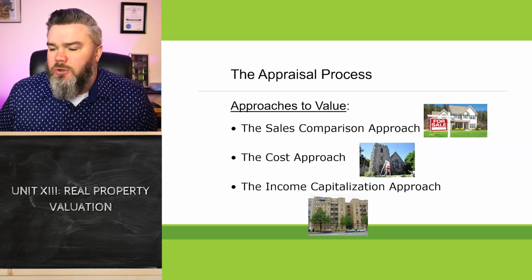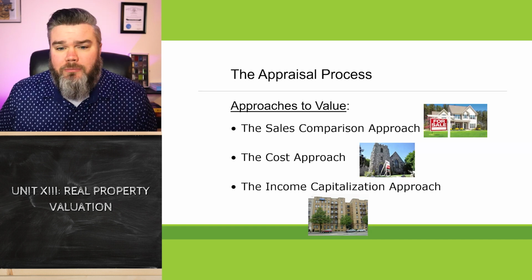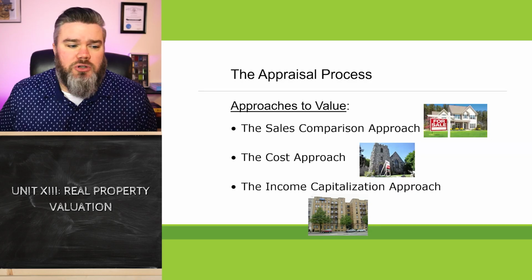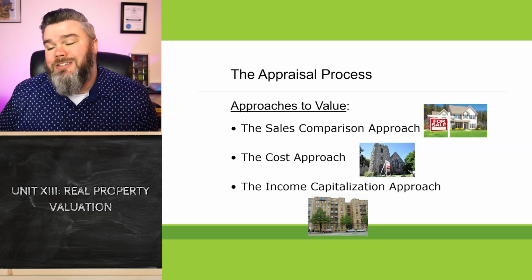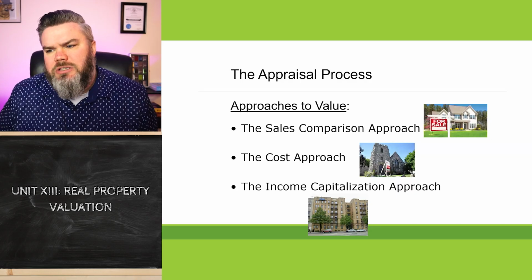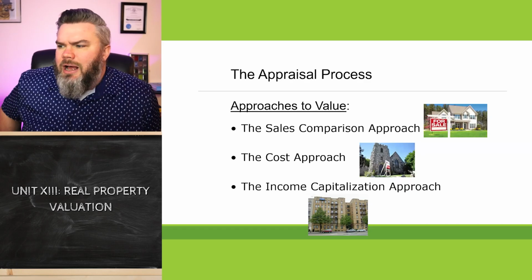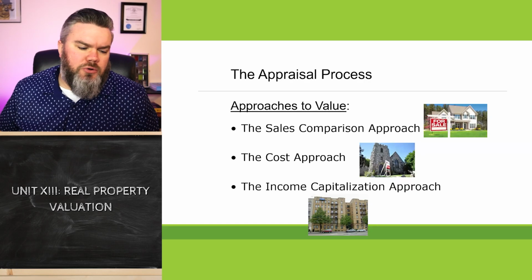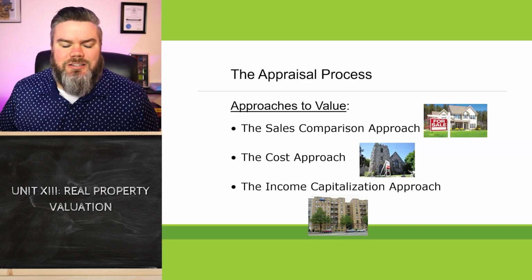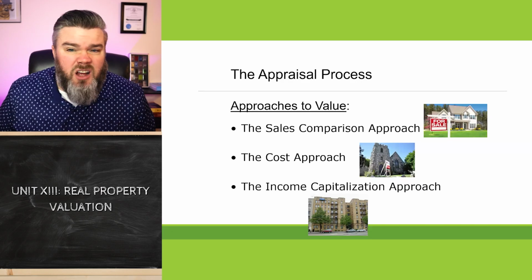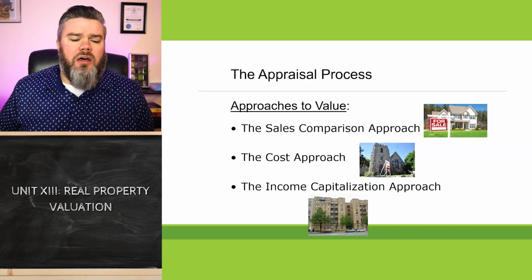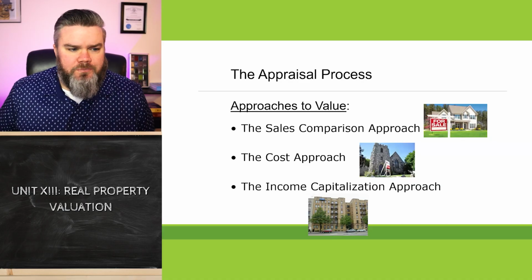The sales comparison approach is most commonly used in residential, the cost approach is most commonly utilized for insurance purposes and unique properties that don't necessarily have a lot of sales for comparison. And the last one, the income capitalization approach, deals with how much money it makes. It is valuing something based on its income, not based on its other features or attributes.